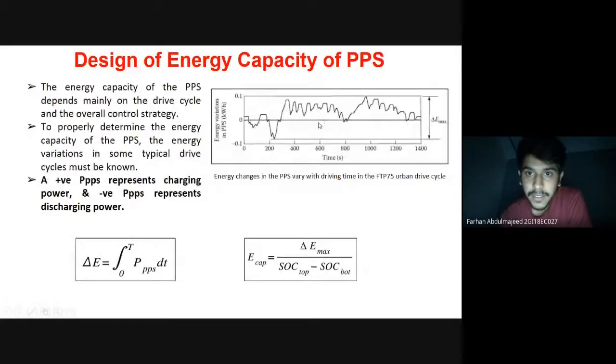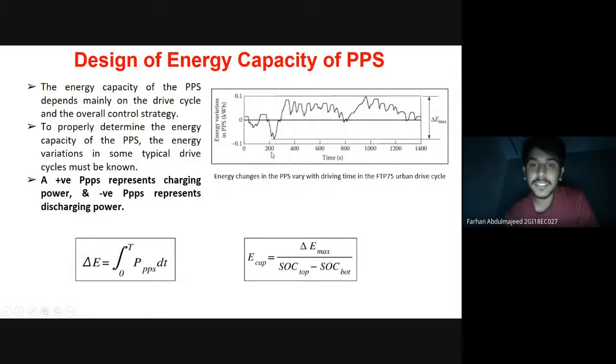Then comes the design of energy capacity of PPS. The graph here is about the energy changes in PPS. So this graph is basically done to show the state of charge. We have to maintain the SOC, that is the state of charge of the battery, between the bottom and the top of the graph.